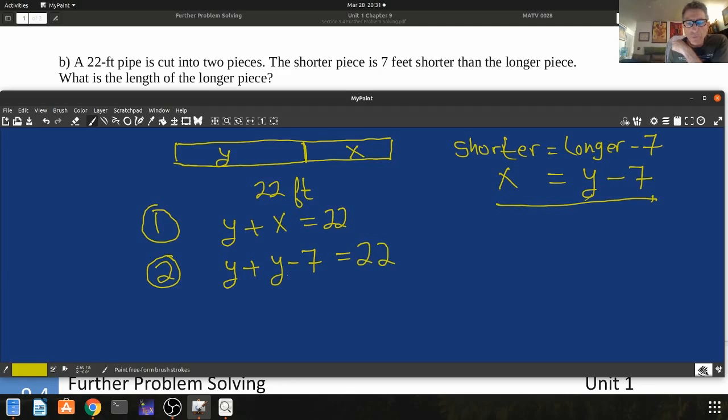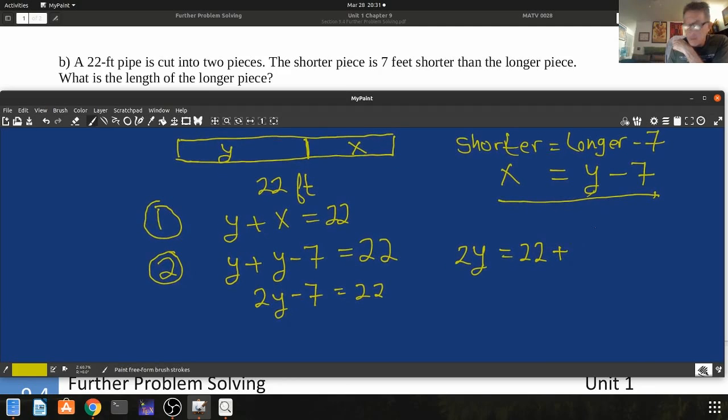So this is going to be y plus y is 2y, minus 7 is equal to 22. So 2y is equal to 22 plus 7. So that gives me 2y is equal to 29.